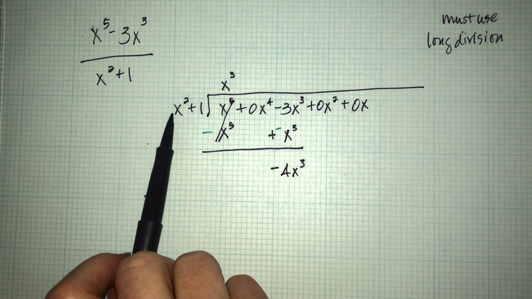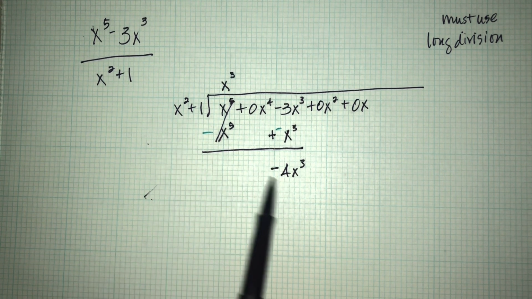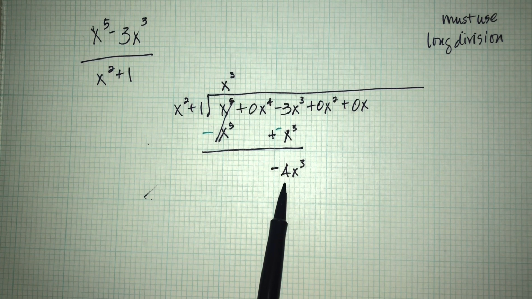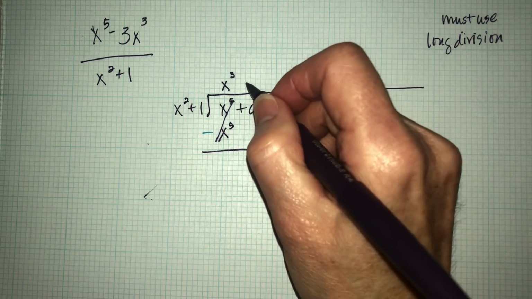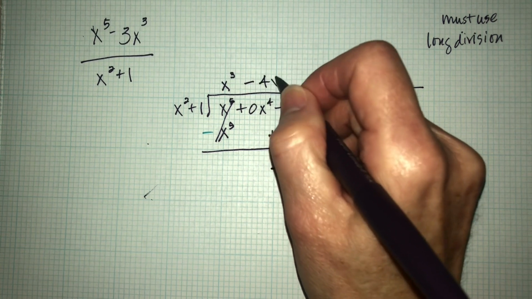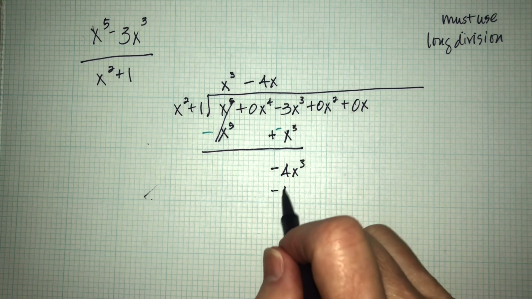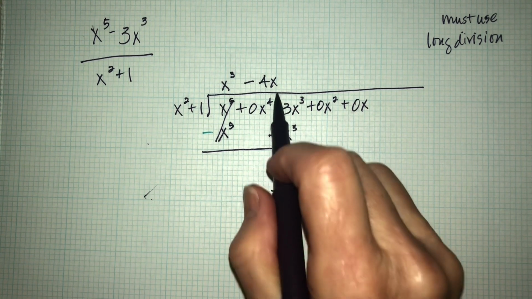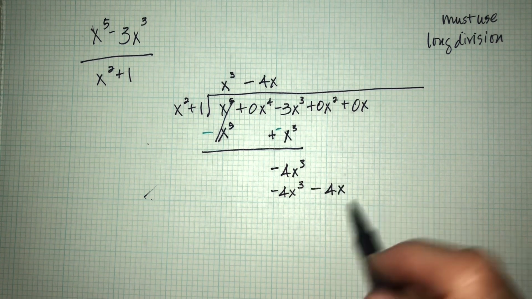Again, I look here at this first term and at this term here, and I say x squared times what would give me negative 4x cubed? Well, that's going to have to be negative 4x. So negative 4x times x squared is negative 4x cubed, and then negative 4x times 1 is negative 4x.